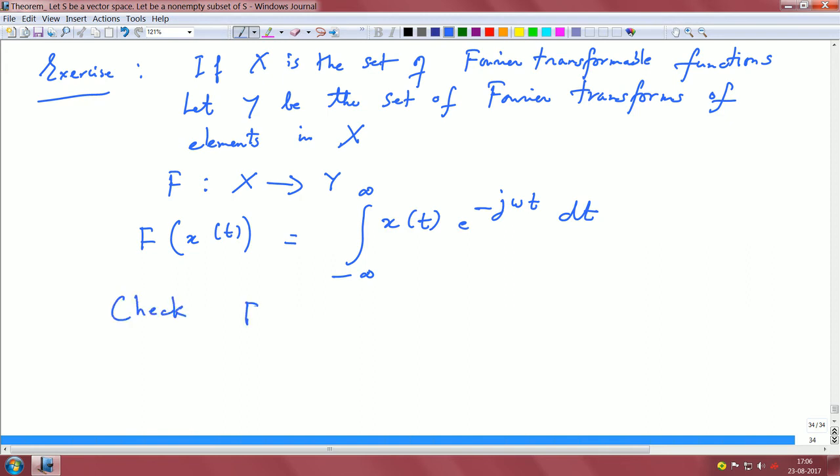Check if this mapping F is linear. And you can do this for Laplace or Z transforms and so on. So, you will get an idea what this is about.